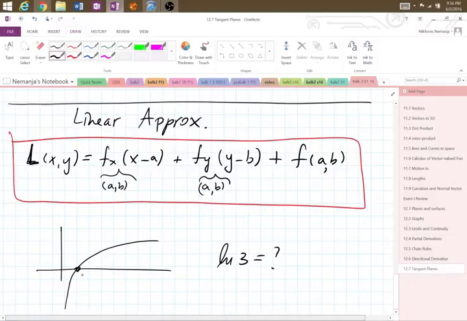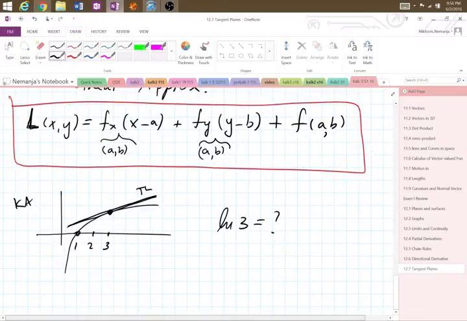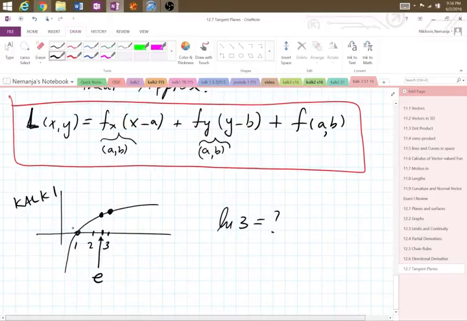So if this is 1, and this is 2, and this is 3, you will find the tangent line at the point that is close to 3. So that will be here, and that's e.